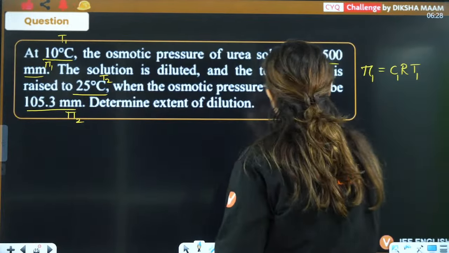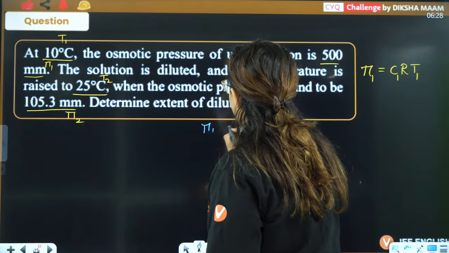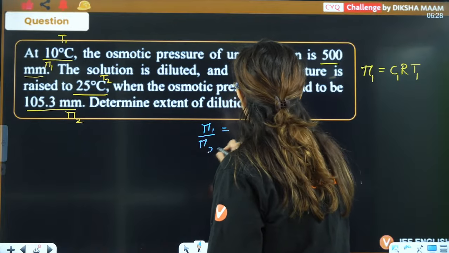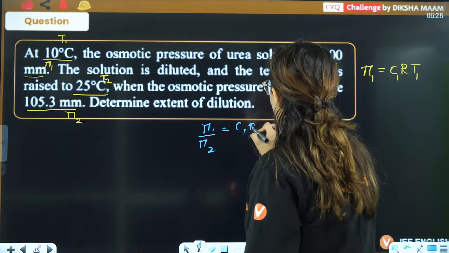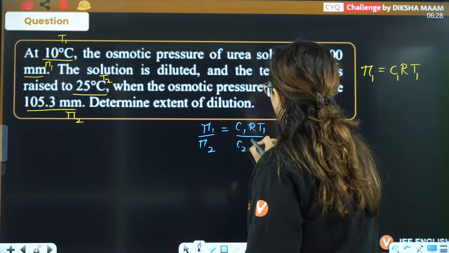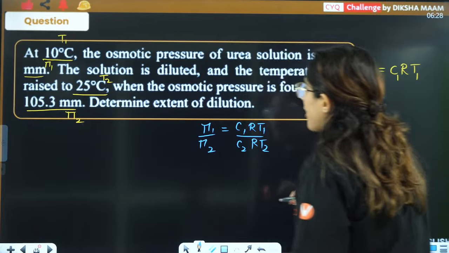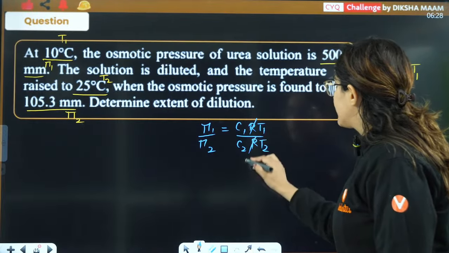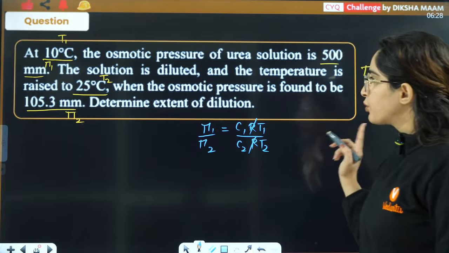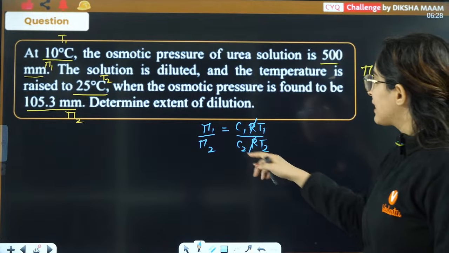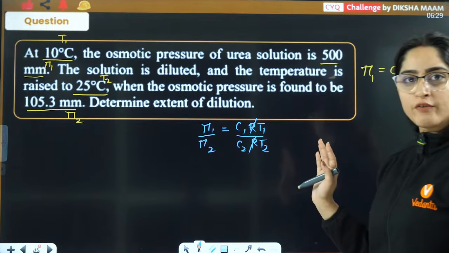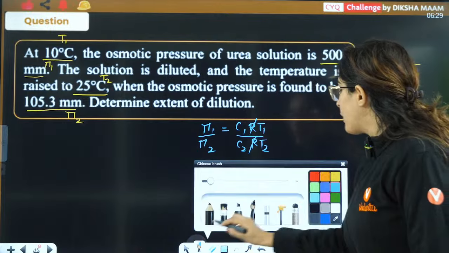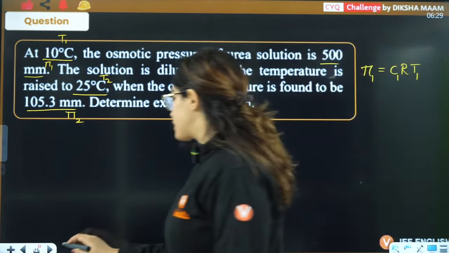So what you can do here is take the ratio: pi 1 is C1RT1 and pi 2 is C2RT2. Now you have to find the relation between C1 and C2, right? Temperatures are both given to you, put them in Kelvin here, and pi 1 and pi 2 are also given to you. Solve this and find out the relation of C1 and C2.